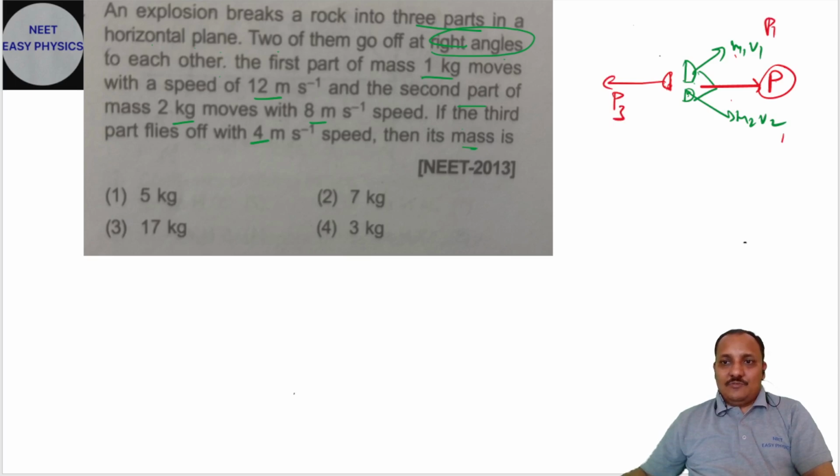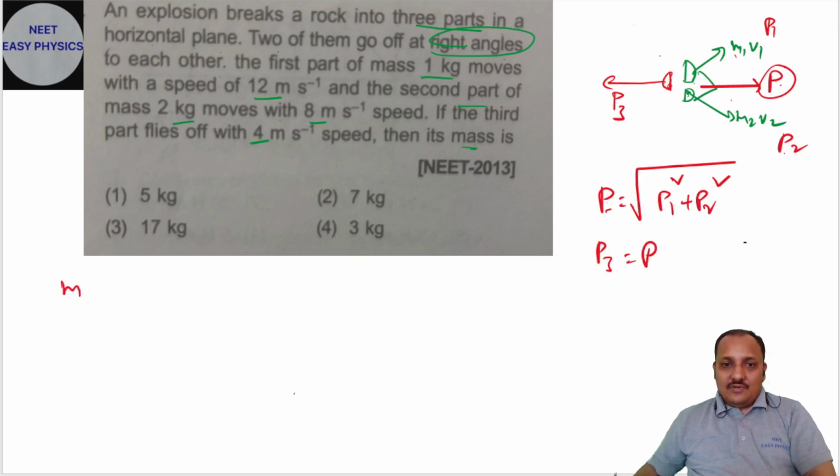If it is P1, P2, P is the resultant of P1 and P2. What is the resultant of P1 and P2? Root of P1 square plus P2 square. This P should be equal and opposite to P3. Therefore, M3V3 is equal to root of (M1V1) whole square plus (M2V2) whole square.